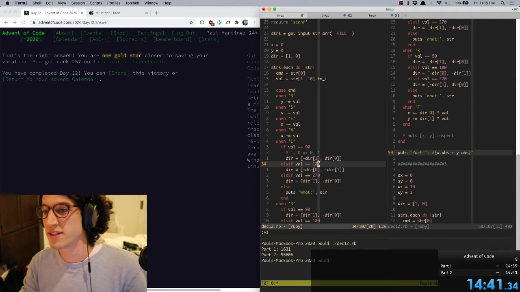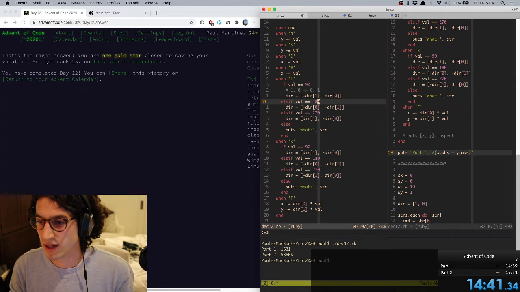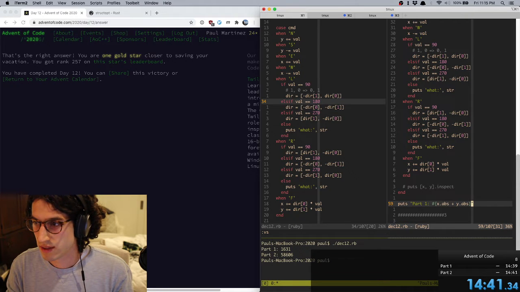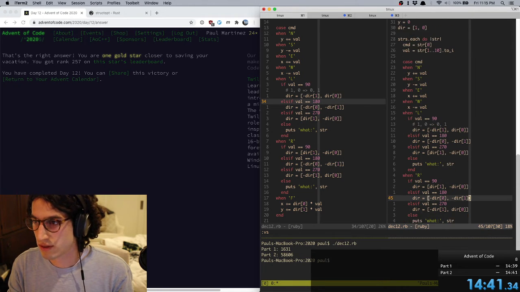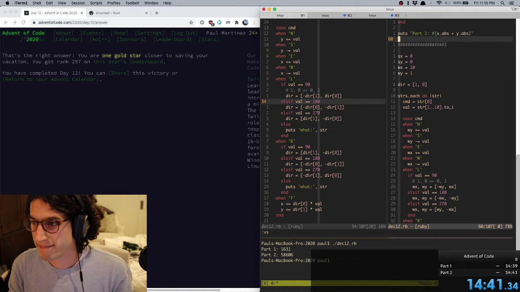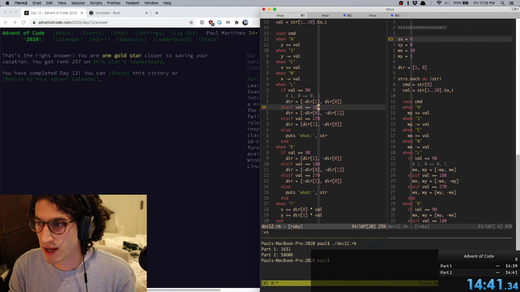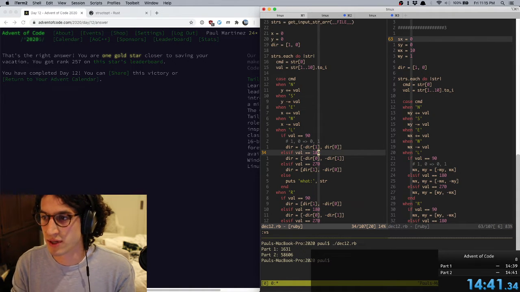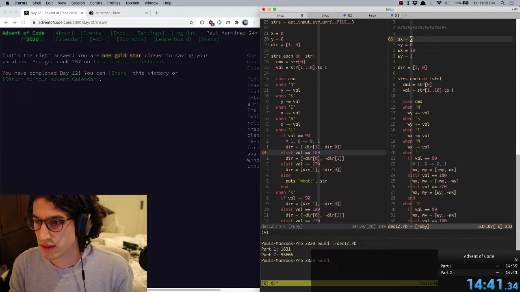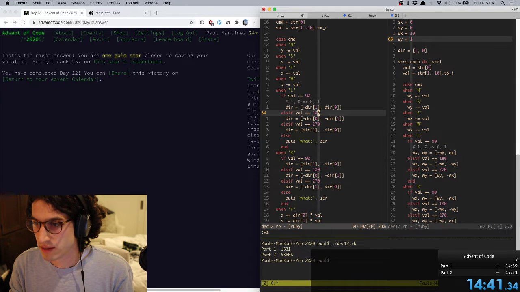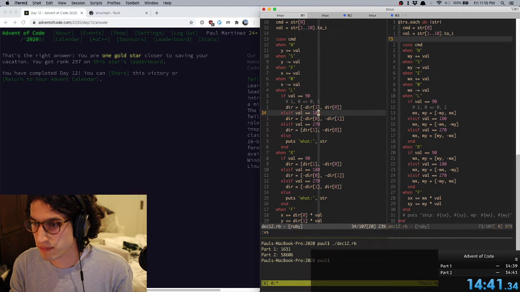I think what the difference ends up being, in the second one, sx and sy equal x and y, and wx and wy equal dir.